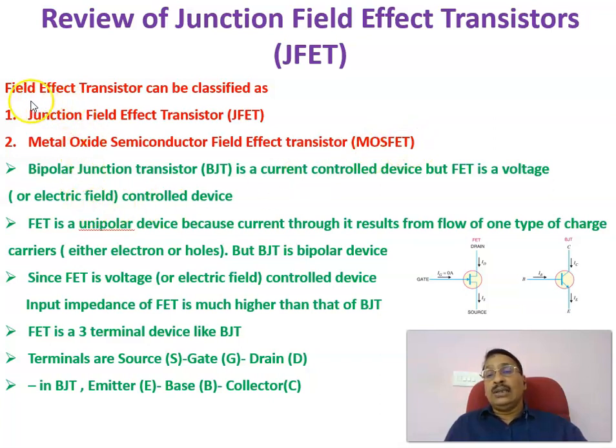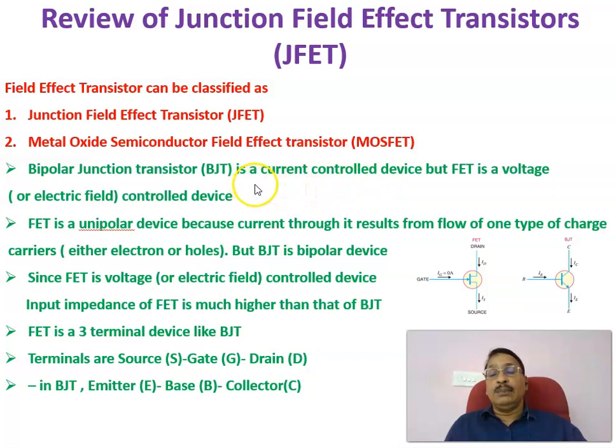Anyway, coming to the general characteristics of field effect transistor, if you compare with a bipolar junction transistor, a bipolar junction transistor is a current control device, meaning that you can control the resistance between collector and emitter by controlling the base current.